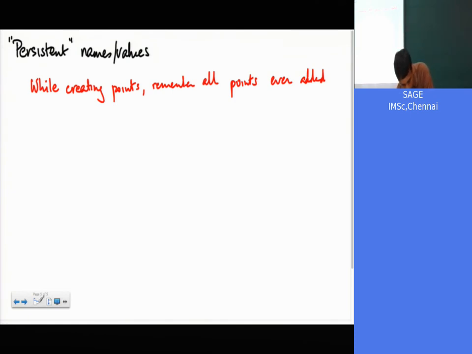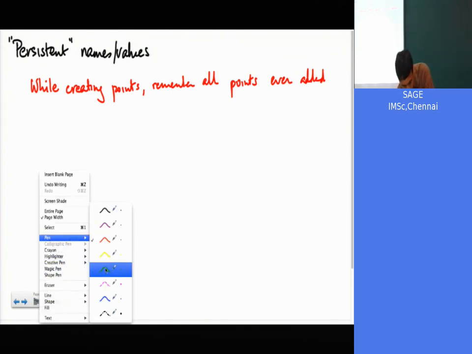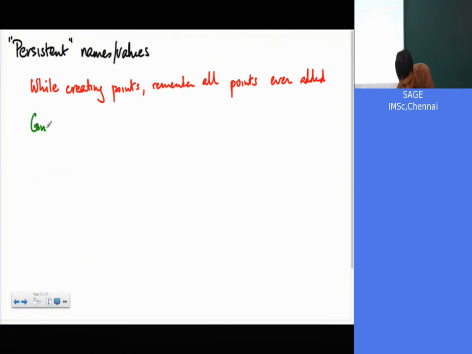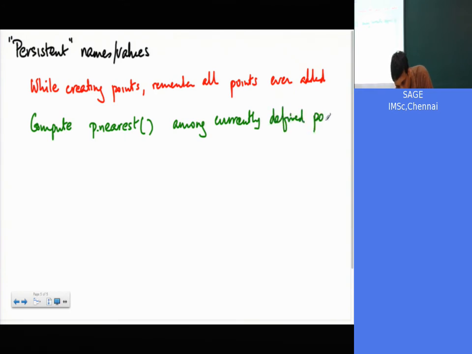So my toy example for that is, right, among all the points which currently exist, wherever they are, tell me which is the nearest one. I already have a distance, I assume. Okay, so I just want to find the one which is the shortest distance away.